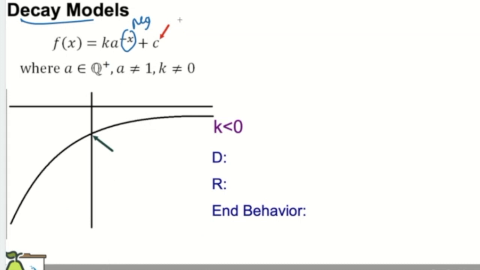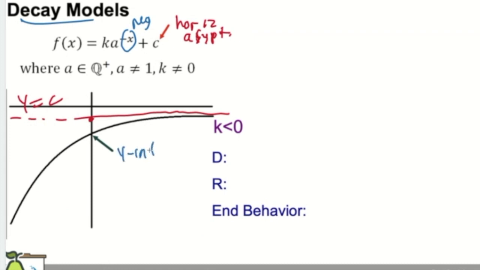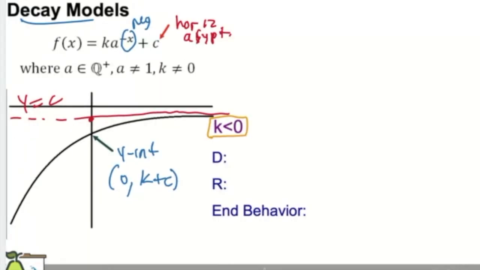This is still our horizontal asymptote. So again, C would be right here. So y equals C. This is still our y-intercept. Still gonna be 0, k plus C. Only difference is now this is negative, which means it's below the x-axis.